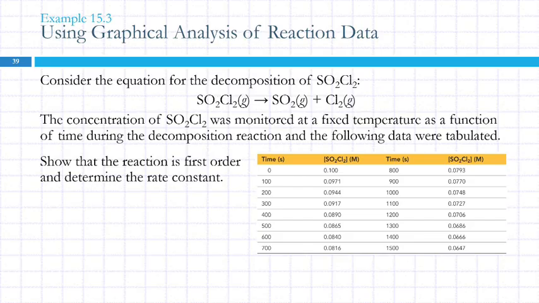So if you suspect that it's first order, you want to graph natural log of A at time t versus time. So you'd have to do some calculation, right? So you'd need to calculate the natural log of the concentration at each of those times.